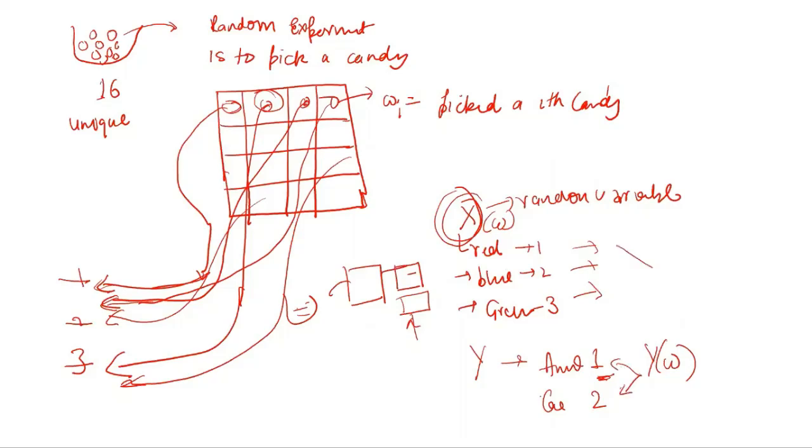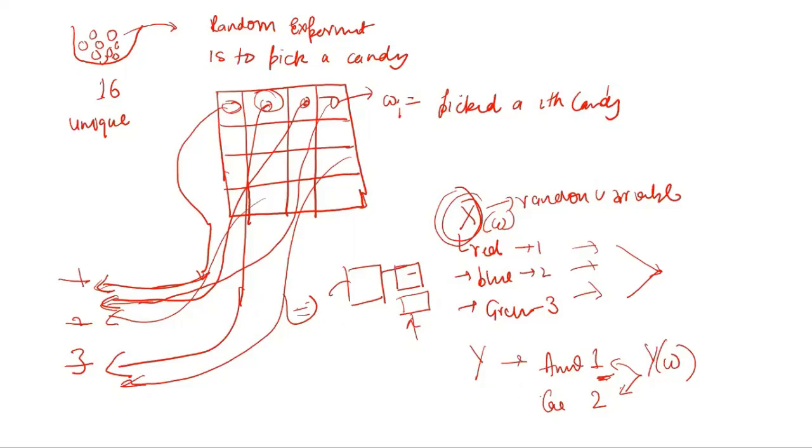Here also, it only picks one of these numbers, right? So when I look at the variable X, I see one number. And if you repeat the experiment, you may see a different number. So this X looks like a random thing.